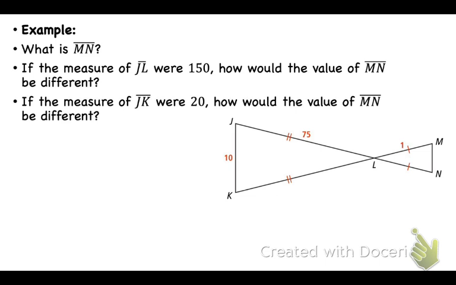What is MN? So we're obviously going to use similarity rules, right? Which similarity rule would we be using? Starting with side, angle, side. Why? Because the sides are proportional and the angles are congruent in both. Why?